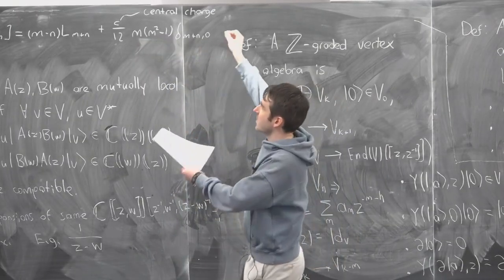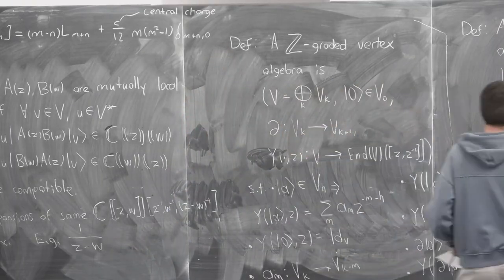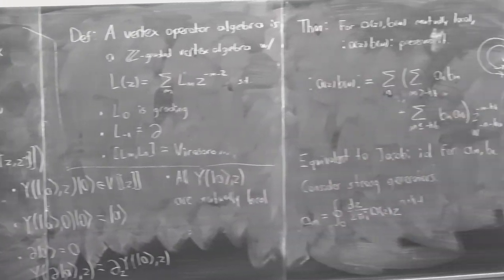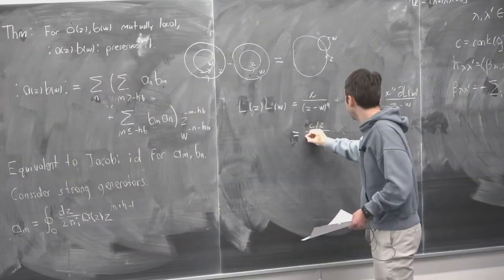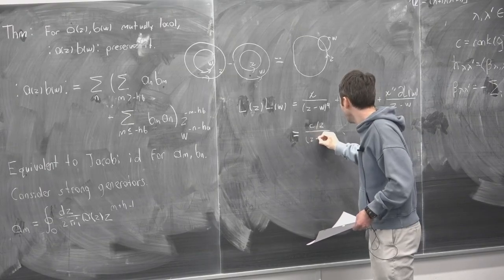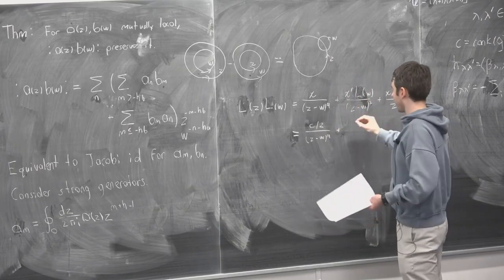And then you'll say, how do I make sure the Jacobi identity is satisfied? And you'll get solutions for x, x prime, and x double prime. And what you'll see is that x had to be c over 2, x prime had to be 2, and x double prime had to be 1. So that's the algebraic algorithm.